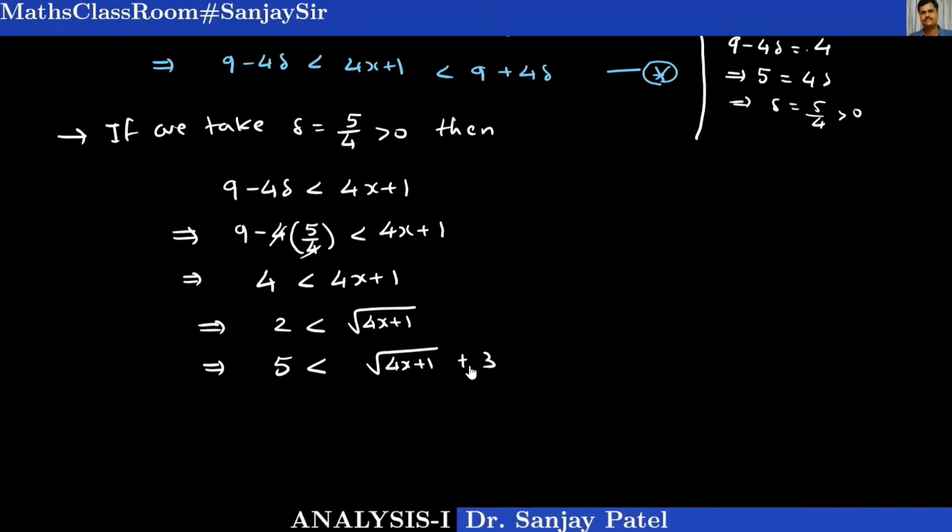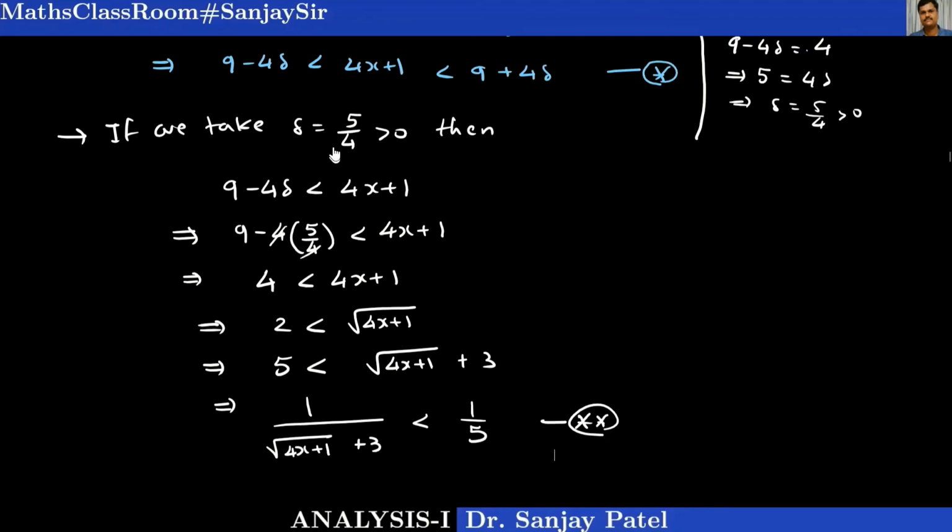And now taking the reciprocal here, what I will get is 1 upon square root of 4x plus 1 plus 3 is less than 1 upon 5. See, A is less than B, so 1 upon B is less than 1 upon A. Okay. So that is the useful thing that we have obtained here. Okay, let us call it double star.